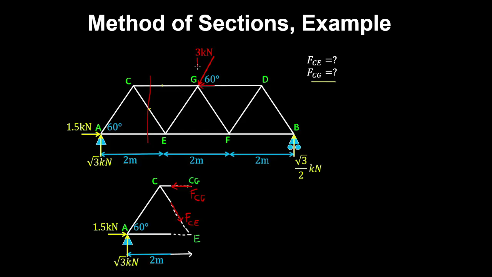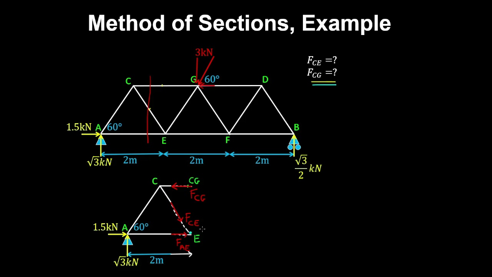And because this force is a vertical component, that's going to push the truss downwards, and I'm going to guess that this member AE is in tension.